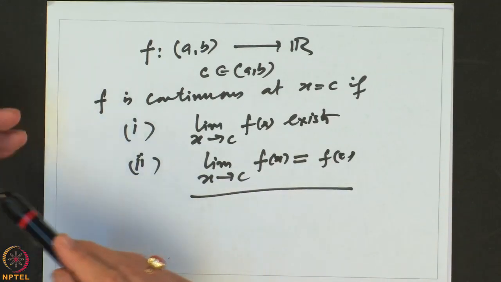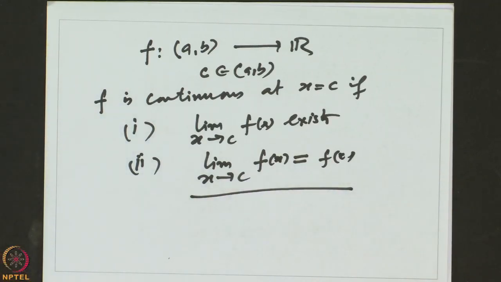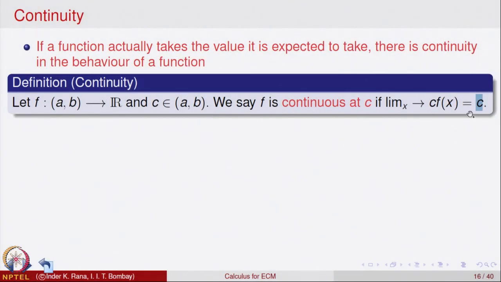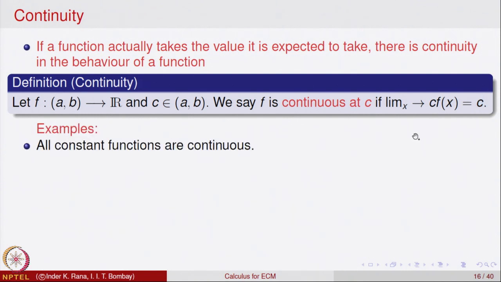So, this is the concept of continuity of a function at a point. The formula should be written properly as the limit of f of x as x goes to c is equal to f of c. Let us look at some examples to illustrate this point.